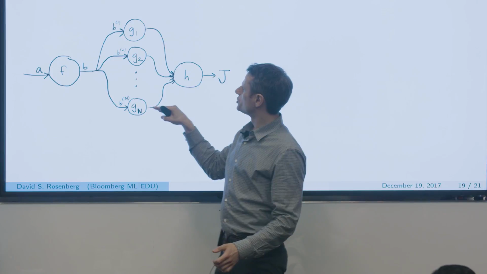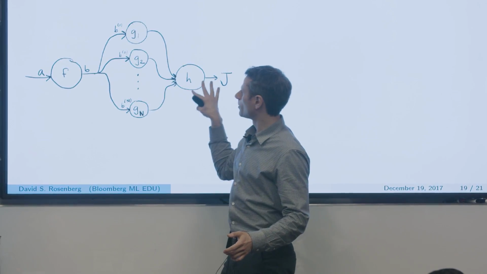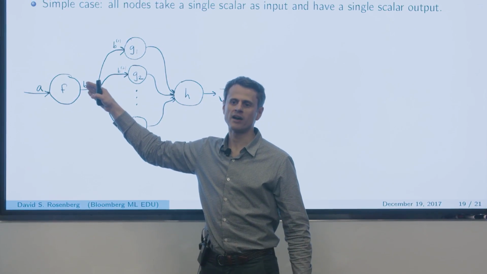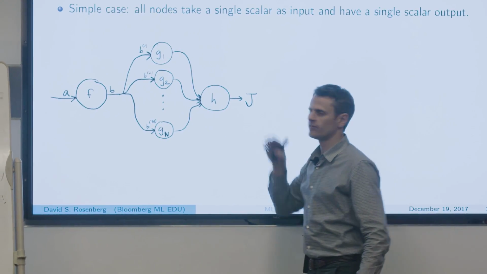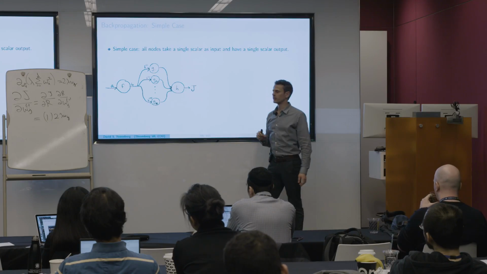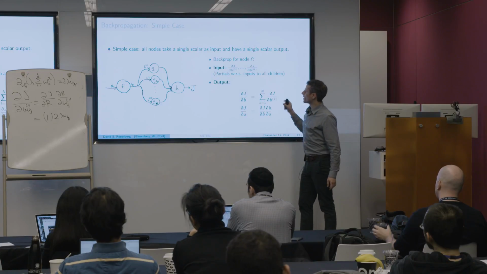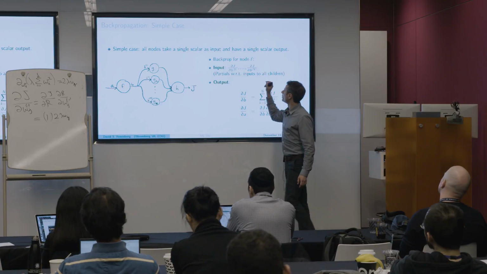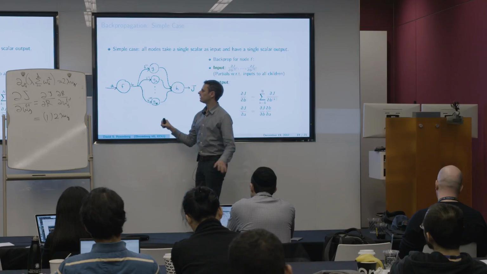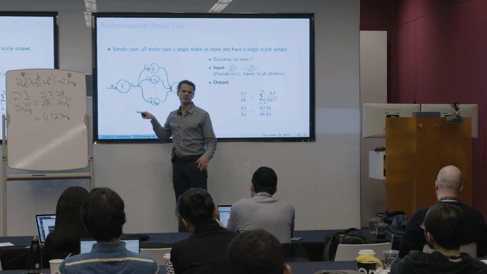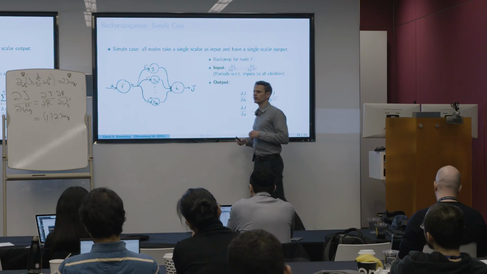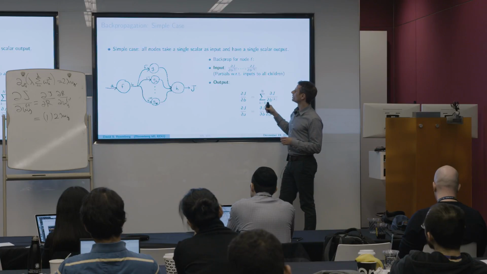But the general point is that this can summarize anything that can be downstream of f, between the output of f and the final output J. So if we're ready to do backprop for node f, and to keep things simple for this slide, we're going to consider a and b just scalars, and then we'll go back and do the vector version. So a and b are scalars.